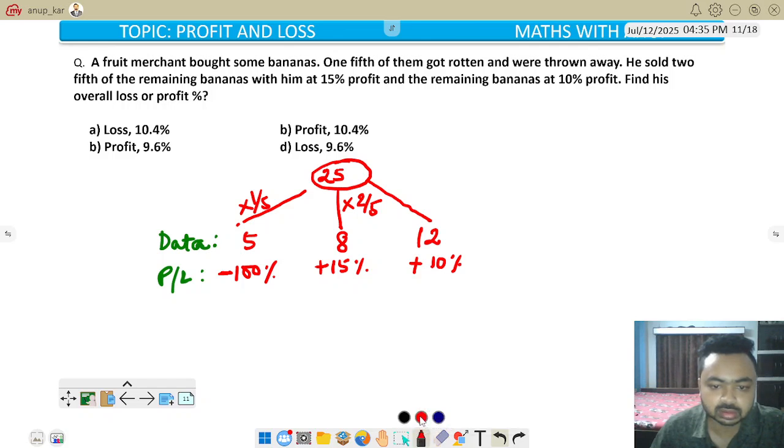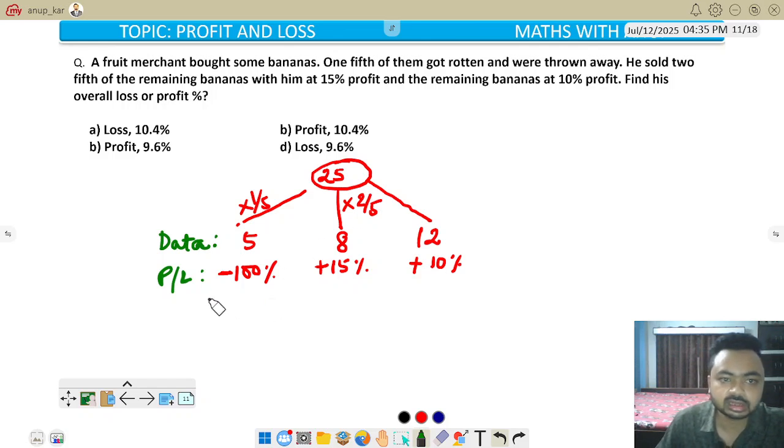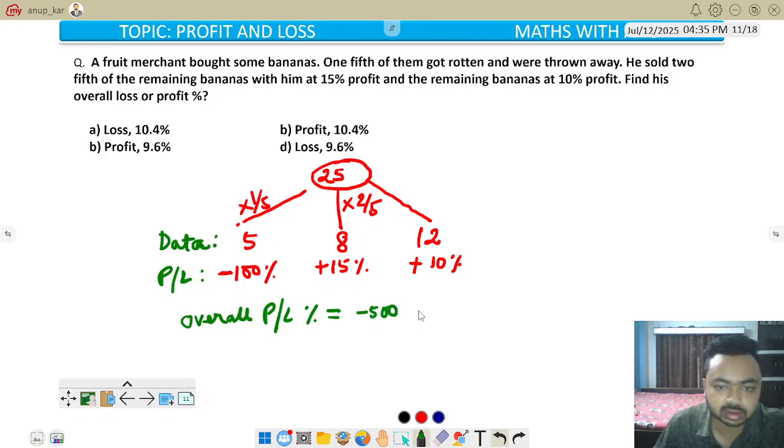Now you can calculate it easily. Find his overall profit or loss percentage, how much? So overall profit or loss percentage equals 5 into 100 is minus 500, plus 8 into 15 is 120, 12 into 10 is 120, divided by 25, the total is 25.